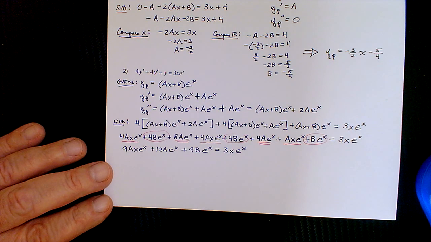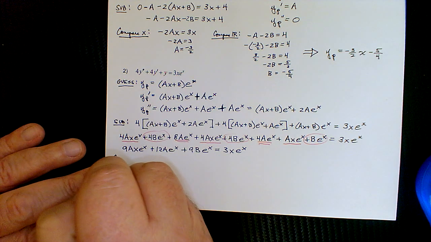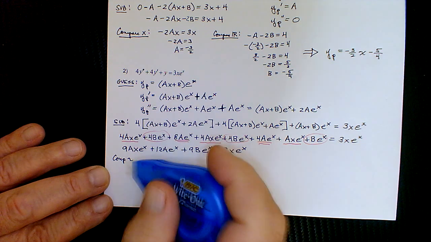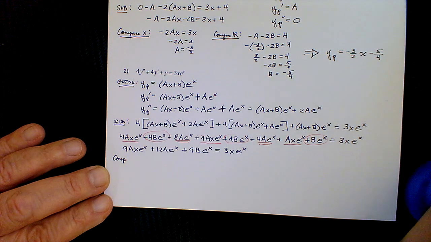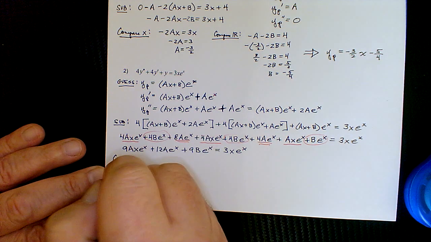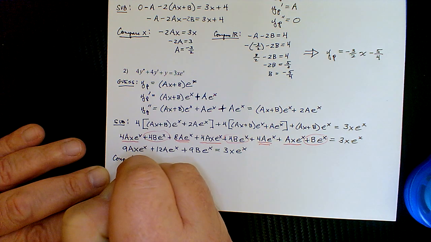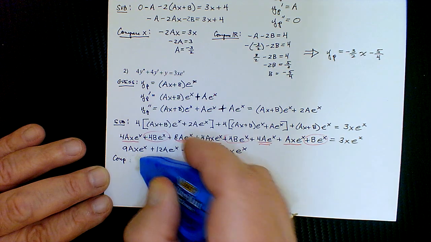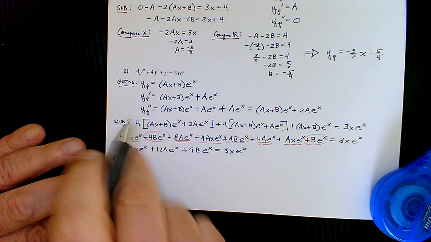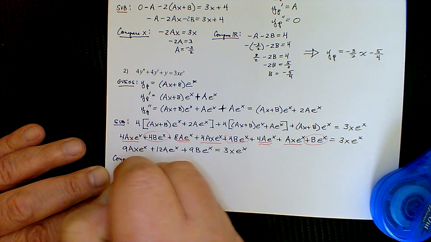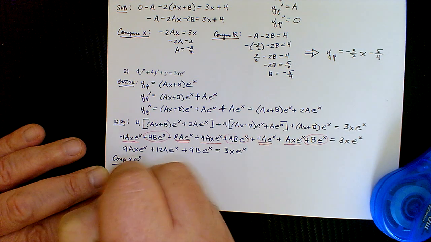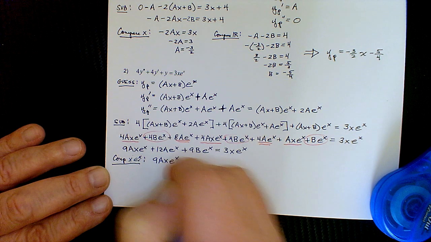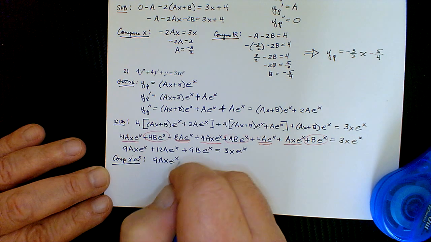Okay, so now we can compare. I suppose you could divide out an e to the x, but if you want to compare the x e to the x terms, we got 9ax e to the x, and that's it, equaling the 3 of them.